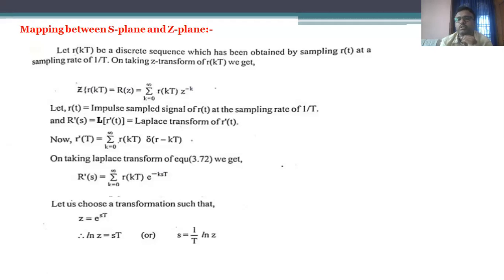That means both sides of the S-plane are going to be considered in S-plane division. Whereas for the Z-plane, in order to determine the stability, you have to consider a unit circle.